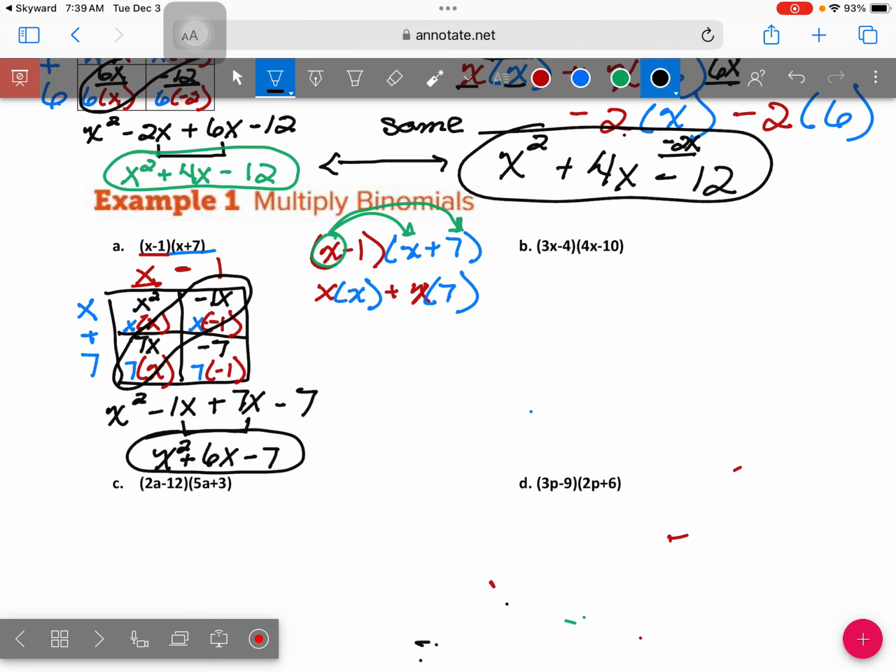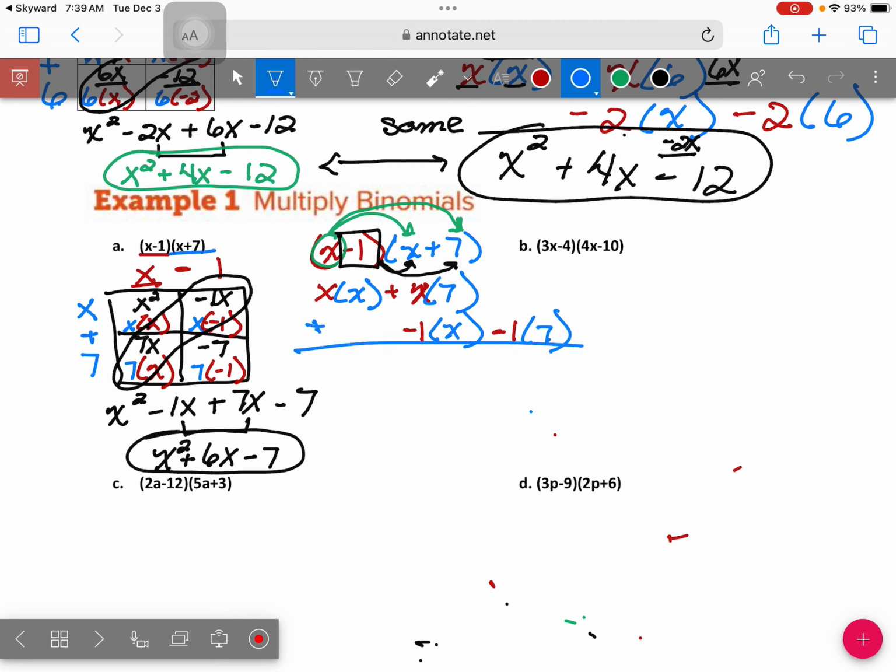Then I'm going to take, after I multiply those two, my second term from the first polynomial times each of these in the second. So then I'm going to take -1 times x, and then I'm going to take -1 times 7. Okay?